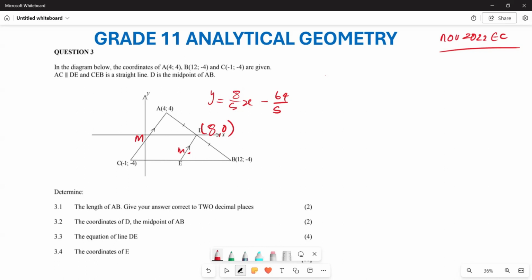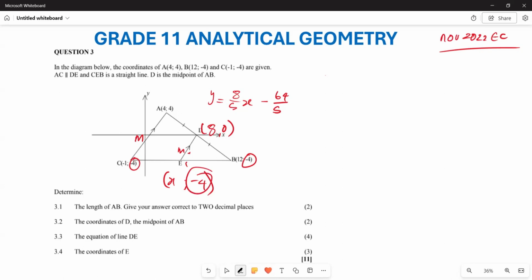So from the coordinates of E, you have x and negative 4. Why am I saying x and negative 4? Remember, the x is an unknown, but for the y, we know that C, E, and B are on the same straight line. This is negative 4, which means your E is also going to have a negative 4.